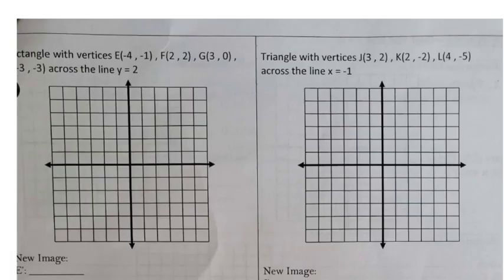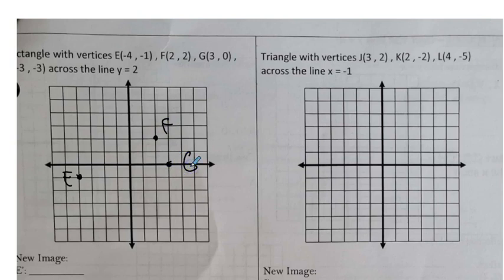All right, so we have a rectangle here with vertices at -4, -1. That's E. And F, 2, 2. I don't know why I was going to put 2, 2 there. I'm going to put F. And then G at 3, 0.